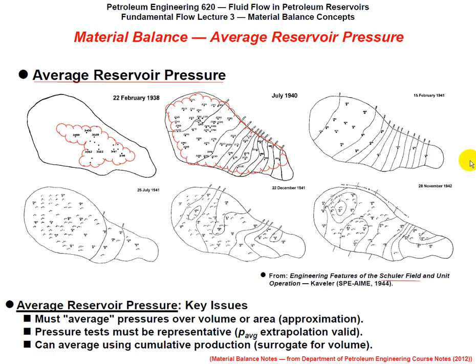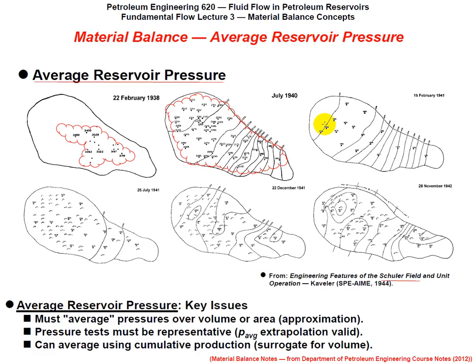And then by about a year later, in 1942, sorry, I've got this all wrong. This is 40, 38, 40, 41, and you can see they just keep mapping the pressure profile, and then they keep adding wells. So from the 15th of February in 41 to the 25th of July in 41, you can see the difference.